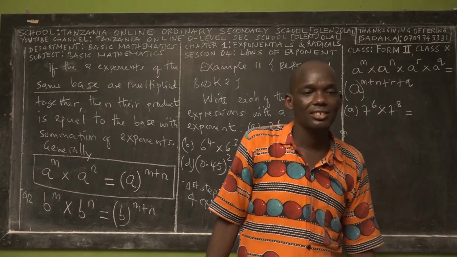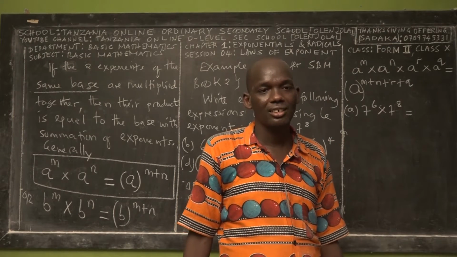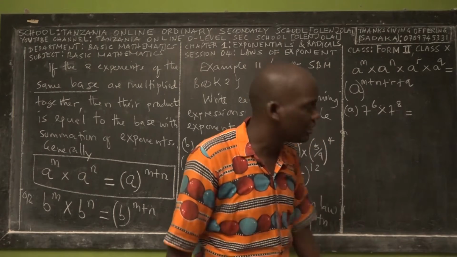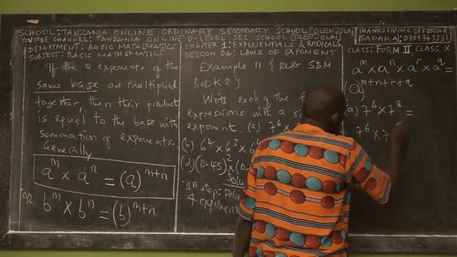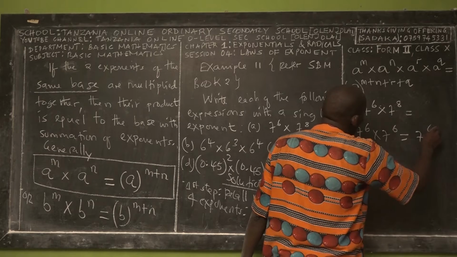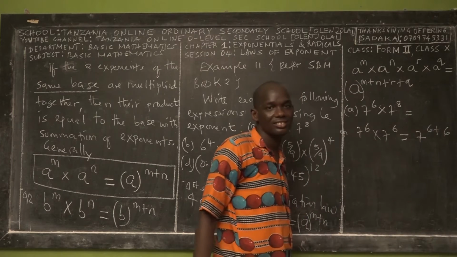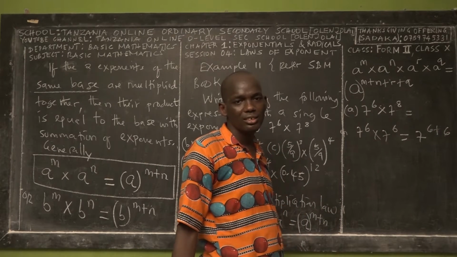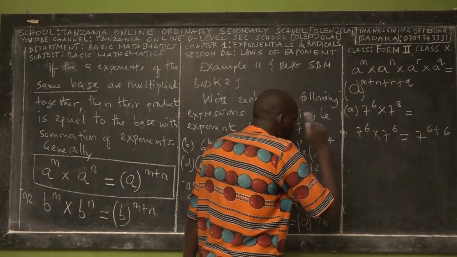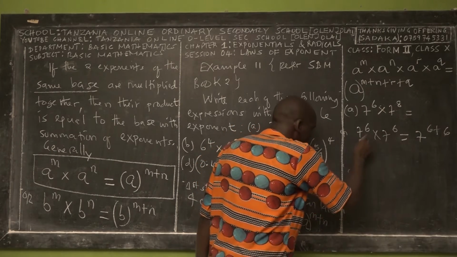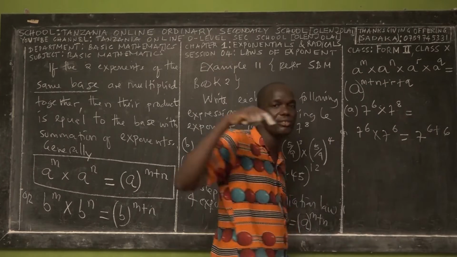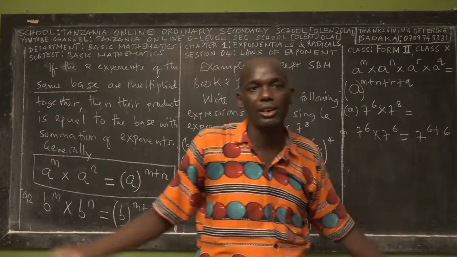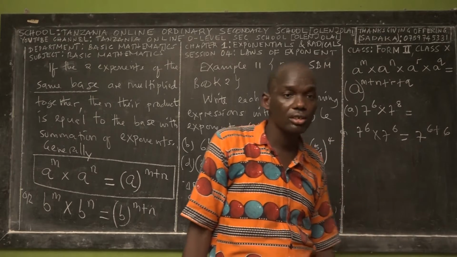And if the exponents are not the same, for example, you have 7 power 6 times 7 power 60, the answer is equal to 7 power 6 plus 60. Don't worry about that. The main thing you have to consider is that they have the same base. That's all. Don't worry about whether the exponents are the same or different. Right? Yes.